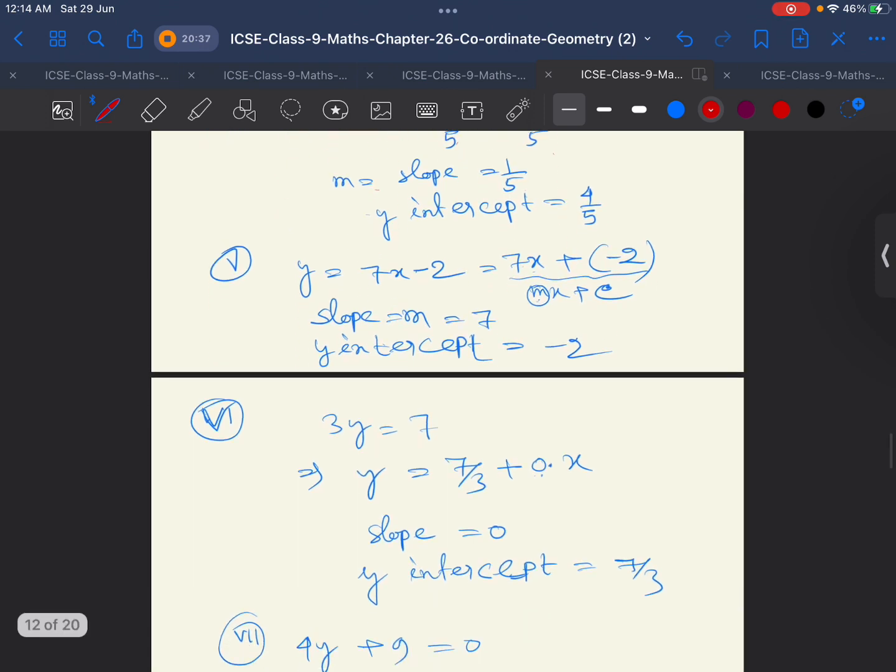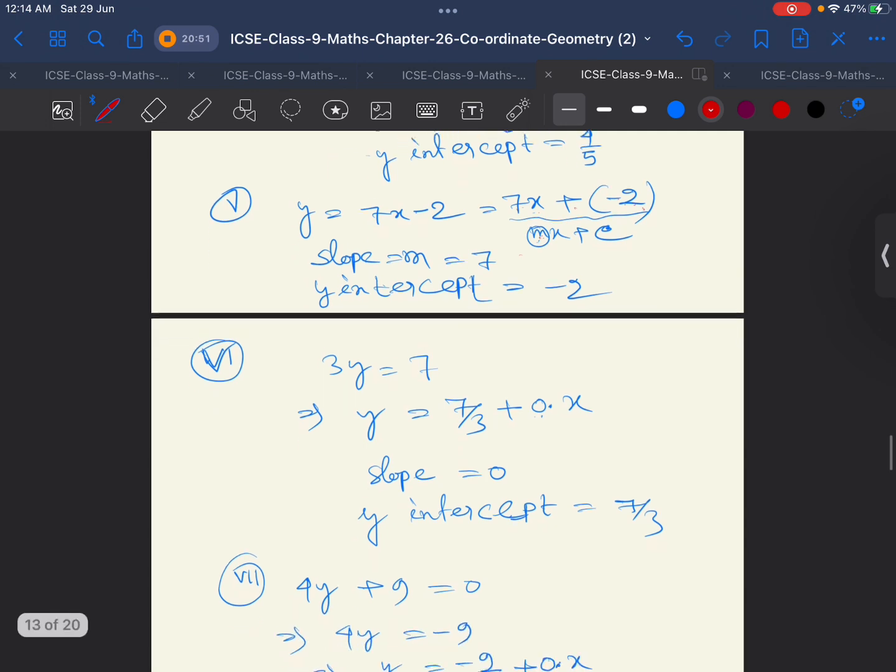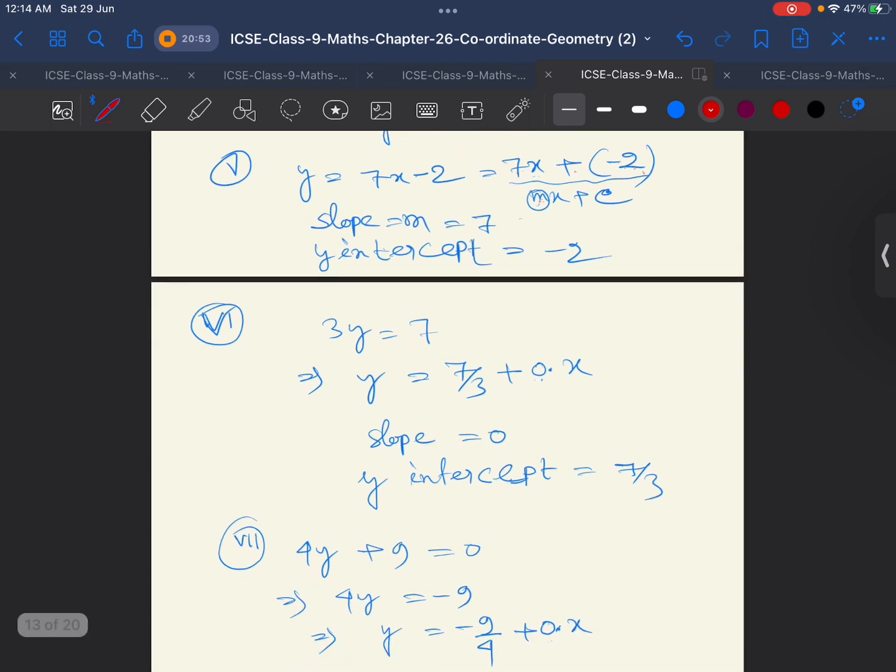And question number 5: y equals 7x minus 2. So we can write 7x plus minus 2. Compare with mx plus c. m is 7 and the y-intercept, the constant term, is minus 2. Question number 6: 3y equals 7. So y equals 7 by 3.